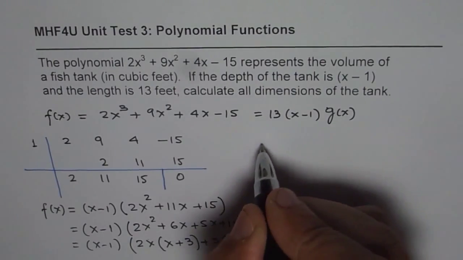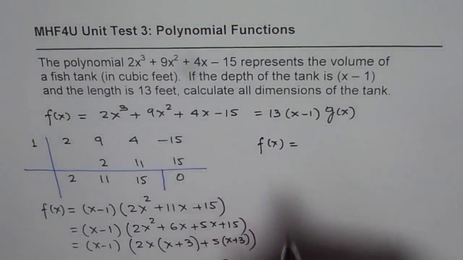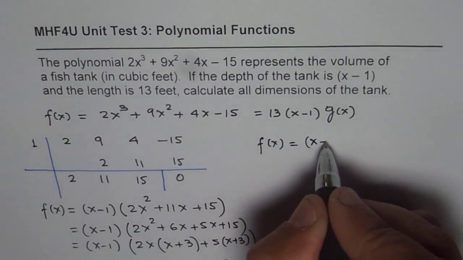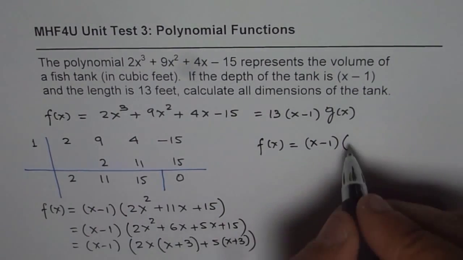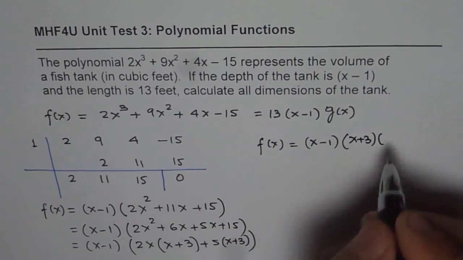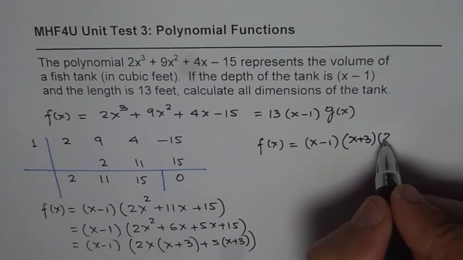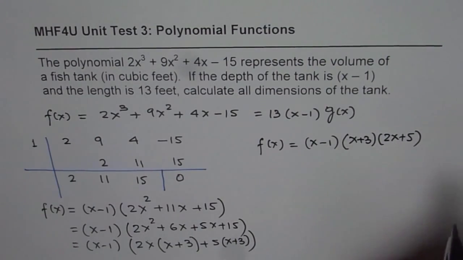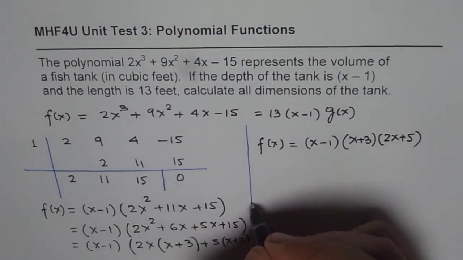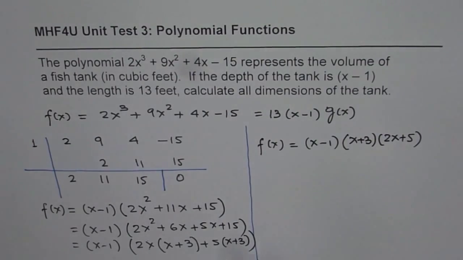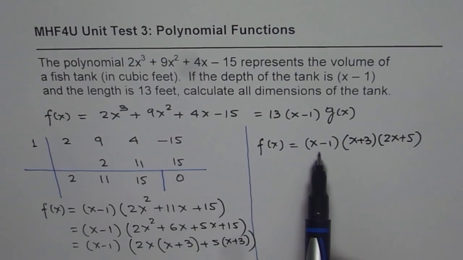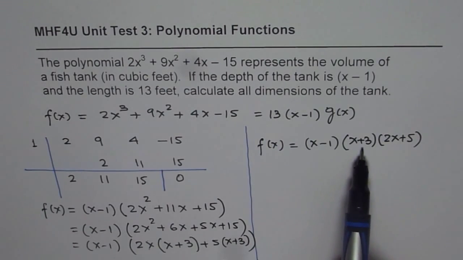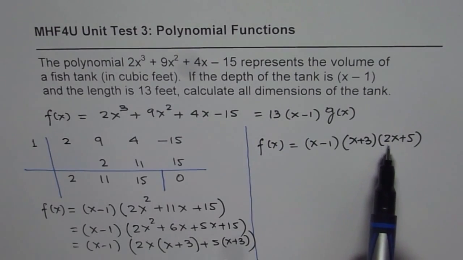So we can write f of x as x minus 1 times, taking x plus 3 common, we are left with 2x plus 5. Well, we could have easily factored from here, but I have shown you all the steps, which I think help you. So basically, this fish tank can be written as x minus 1 times x plus 3 times 2x plus 5.